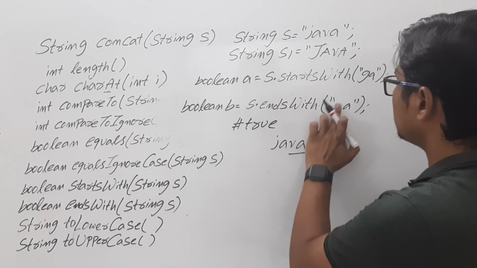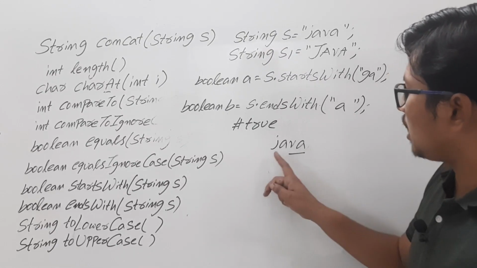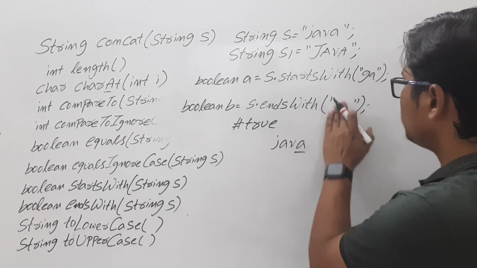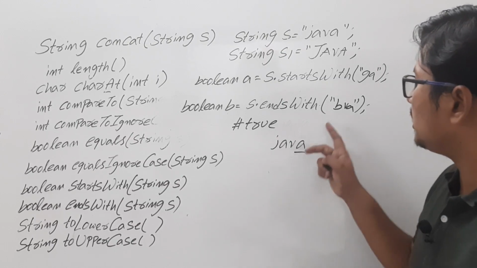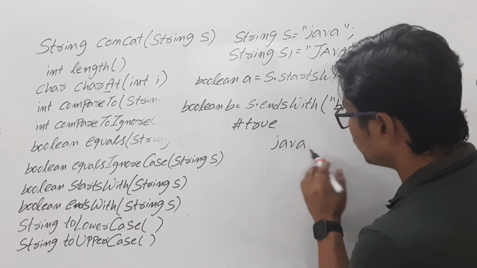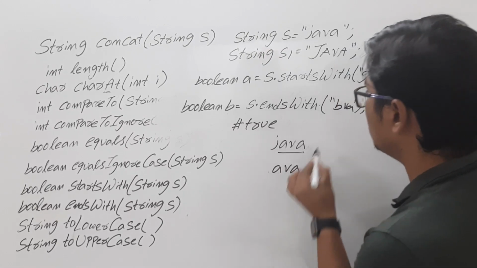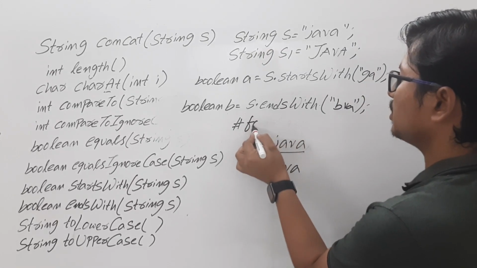Suppose if I write only a, is Java ending with a? Yes, it is ending with a. Suppose if I write bva, is Java ending with bva? No, it is not ending with bva. It is ending with ava. So in this case, it will produce the output as false for you.